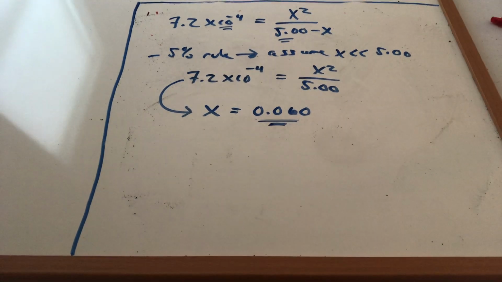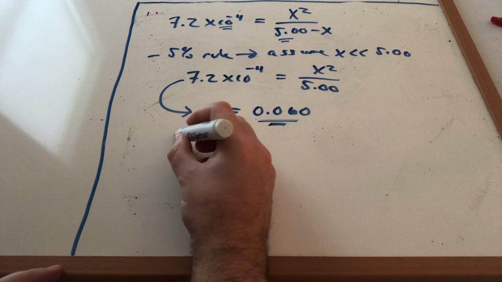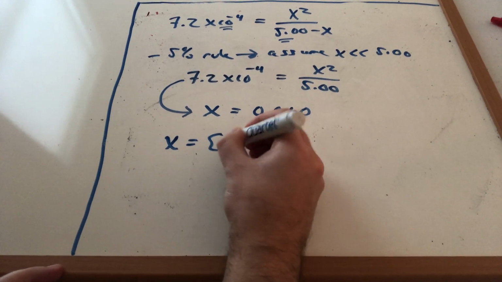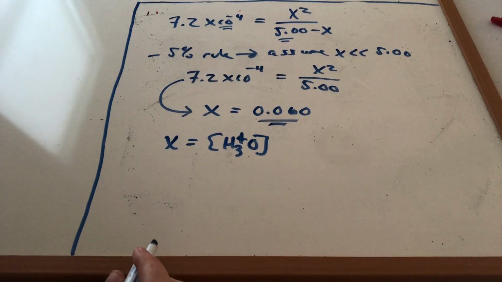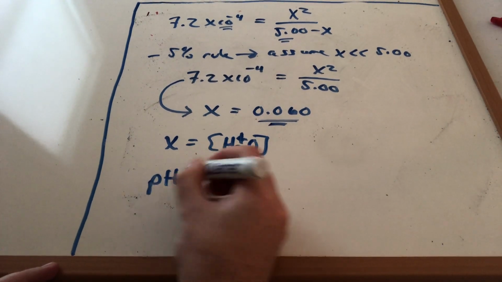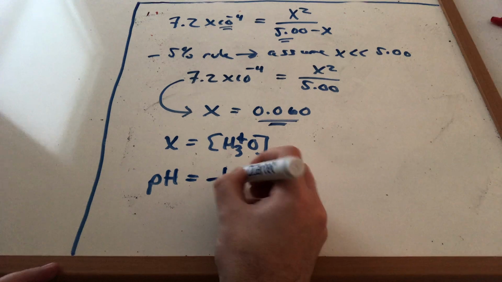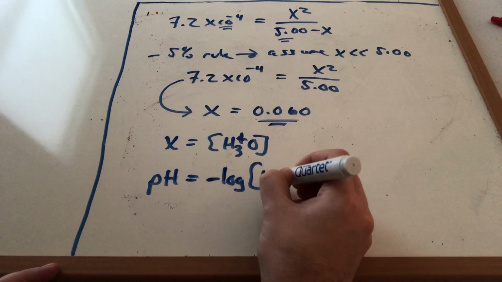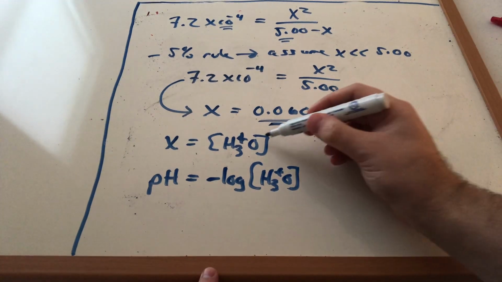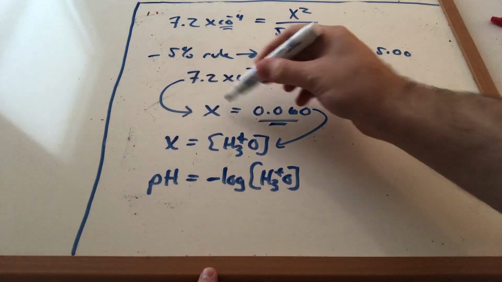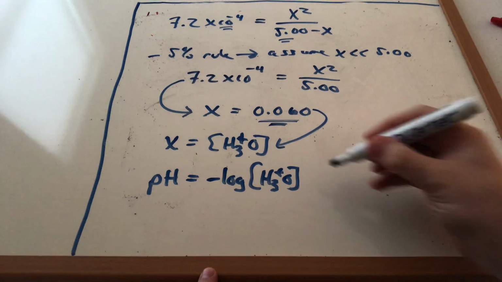Look at your ice table, all right? On your ice table, X is the concentration of H3O+. What do we need? We need a pH. pH for any problem is the negative log of H3O+. But for this problem, from our ice table, X was our concentration of H3O+.